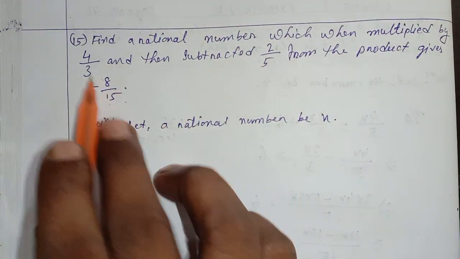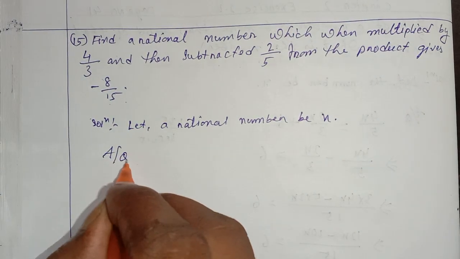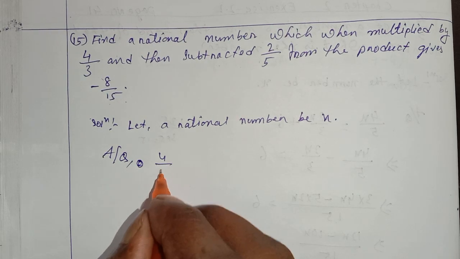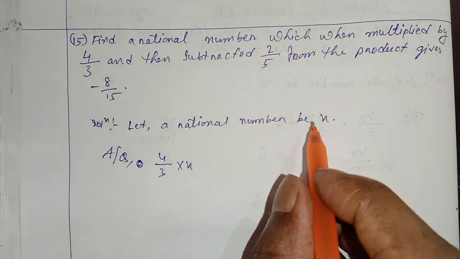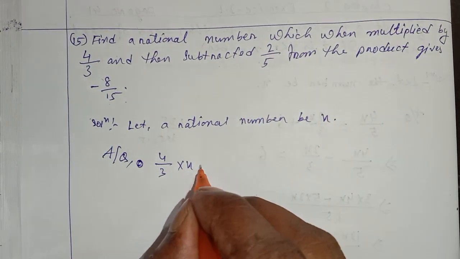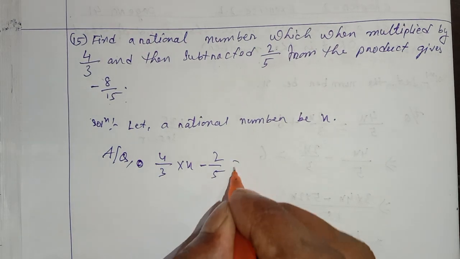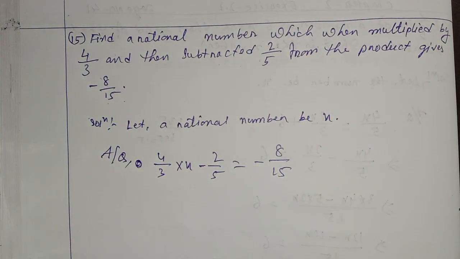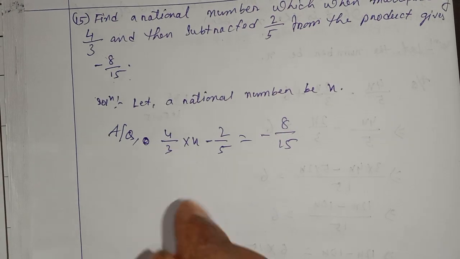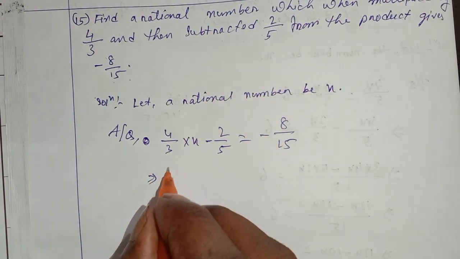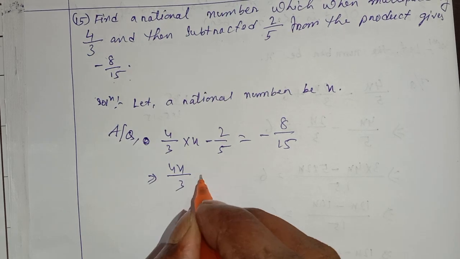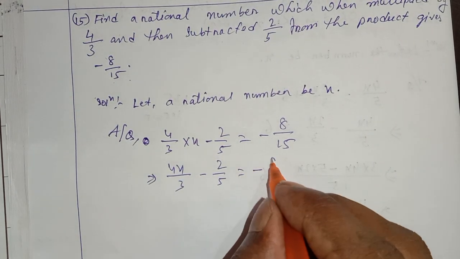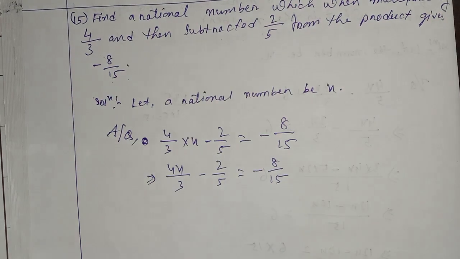Then according to the question, 4 by 3 into x, the rational number, minus 2 by 5, then the answer will be minus 8 by 15. Now if we multiply, this means 4x by 3 minus 2 by 5 equals minus 8 by 15.